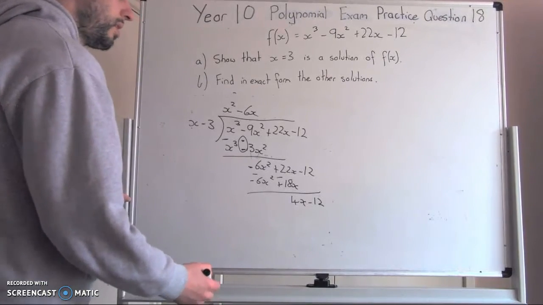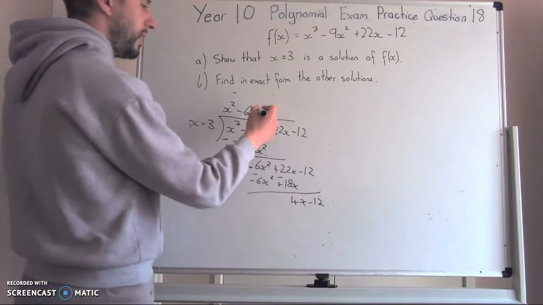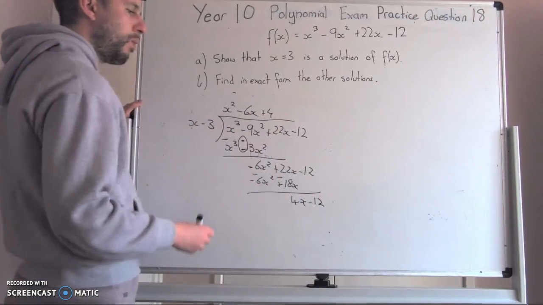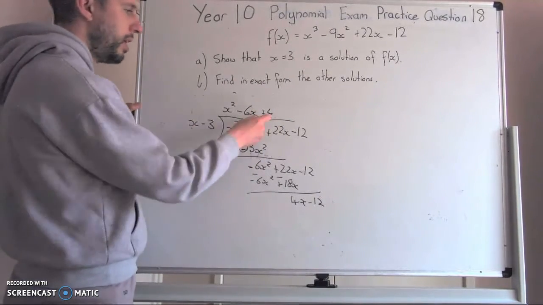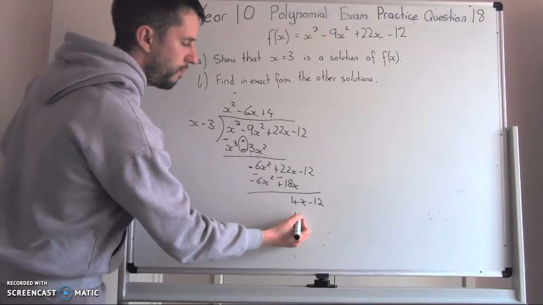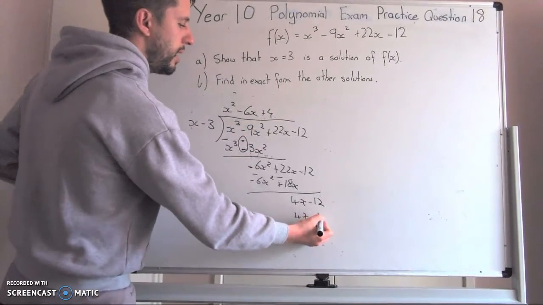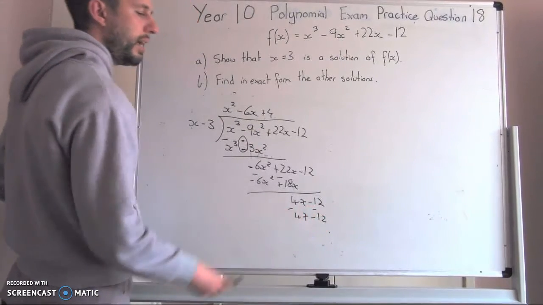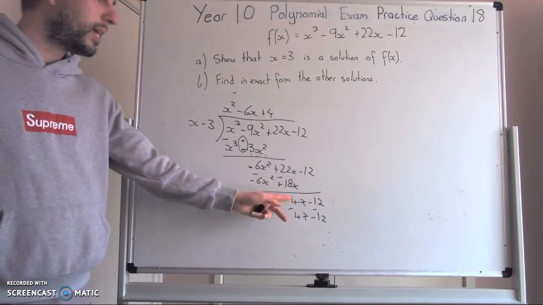Now I am left with dividing. So 4x divided by x is 4. If I work backwards, it should show I have nothing left over. 4 times x is 4x. 4 times negative 3 is negative 12. I shared both of that, so I need to take it away. If I take it away, it cancels.